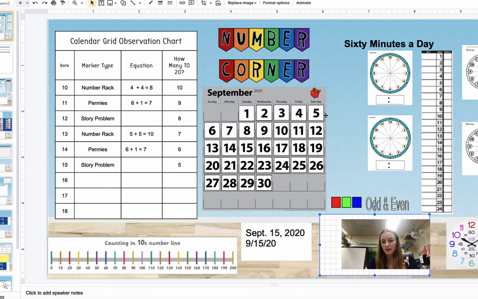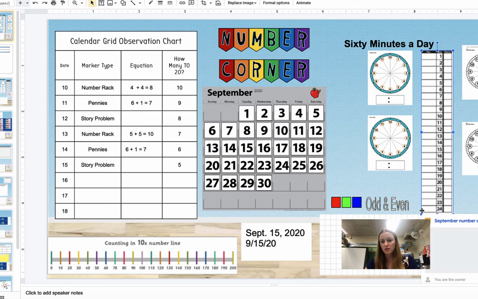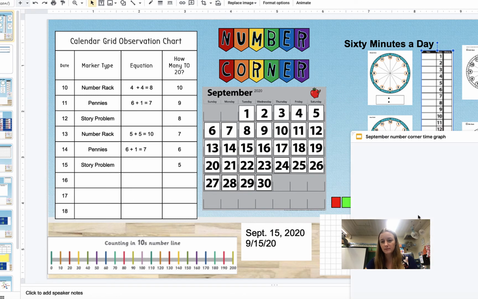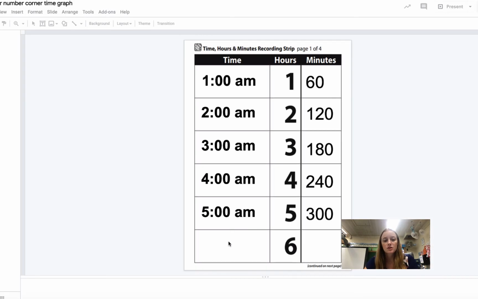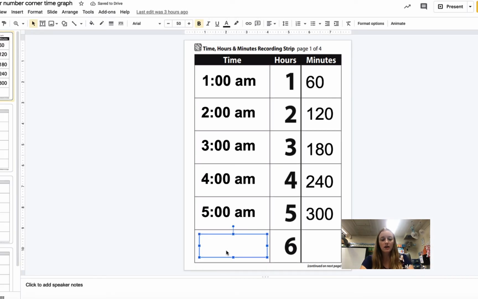So I'm going to go back and click on this little chart right here. I'm not sure why it's not opening. It was having troubles earlier opening as well. We are going to write 6 o'clock right here.